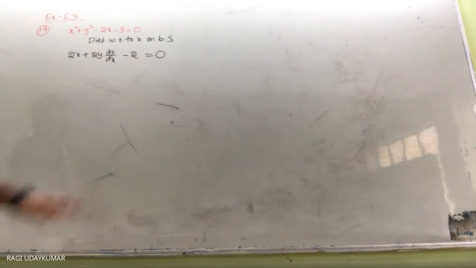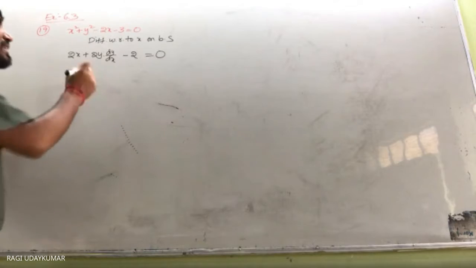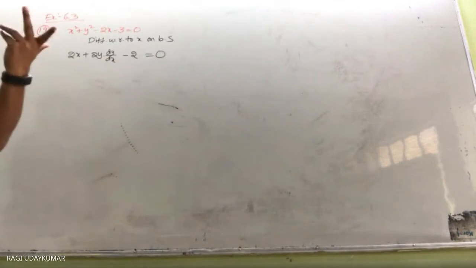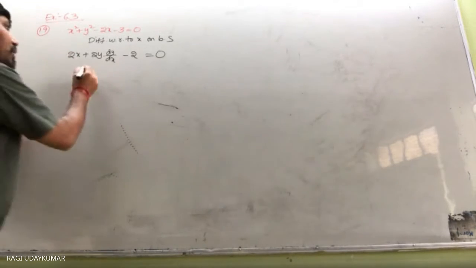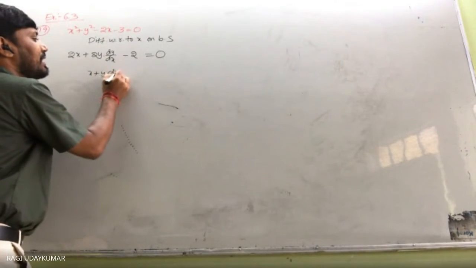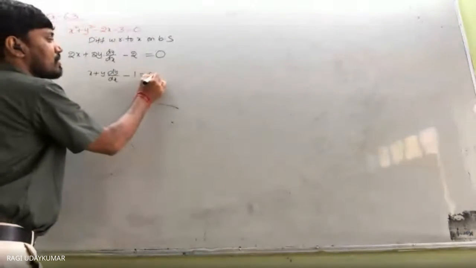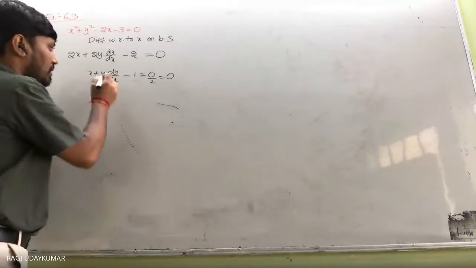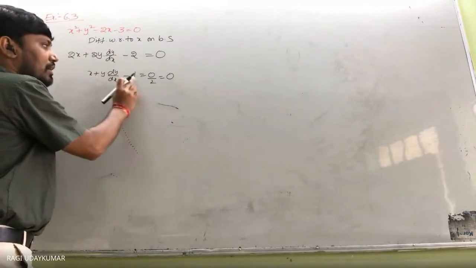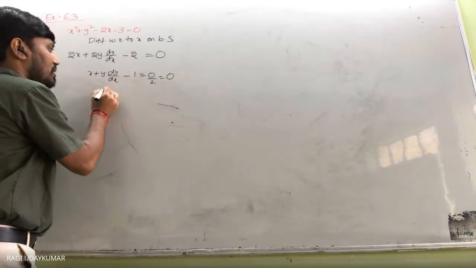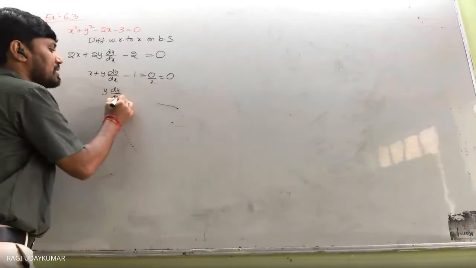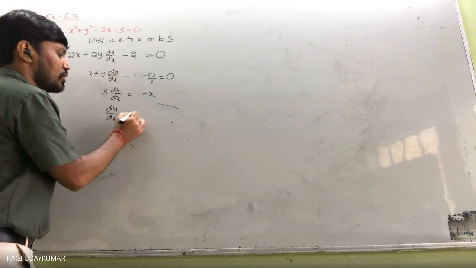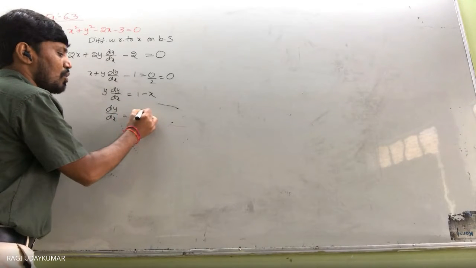Take 2 common from everything, and the right side becomes 0. So we get x plus y dy by dx minus 1 is equal to 0. So y dy by dx is equal to 1 minus x. So dy by dx is equal to 1 minus x by y.